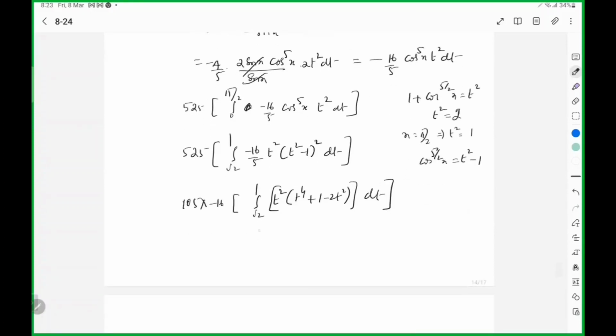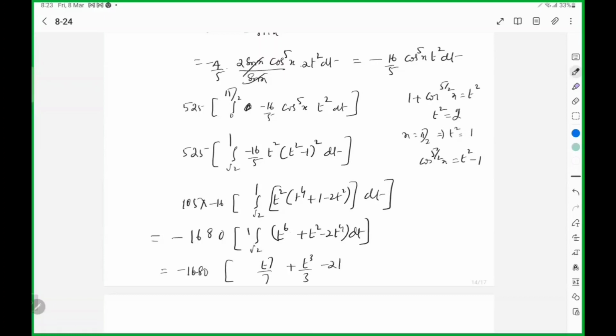So here it is minus 1680 integral of t power 6 plus t square minus 2t power 4 dt, which is t cube by 3 minus 2t power 5 by 5 between root 2 and 1.